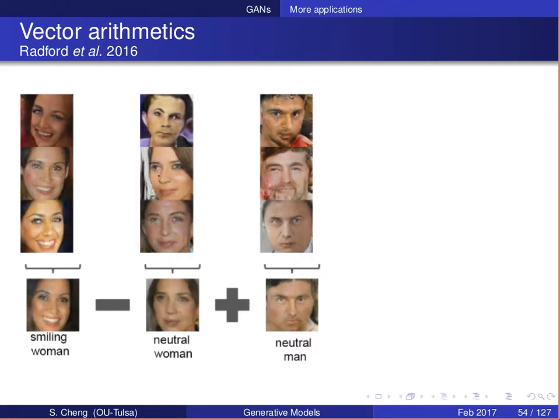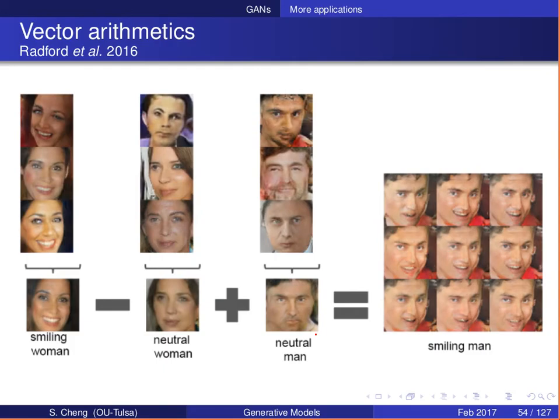For example, you take a z average value for smiling women, using different training z values and taking the average vector, and then you have a neutral woman value, and a neutral man similarly. Then when you subtract the smiling woman from the neutral woman and add back the neutral man, you get some smiling man face.